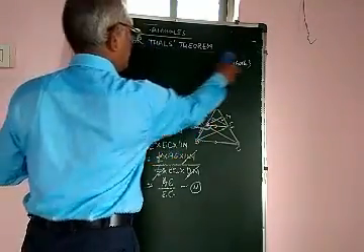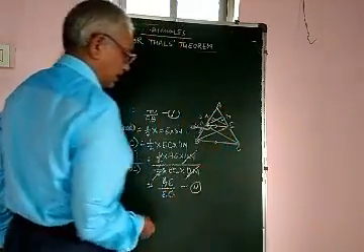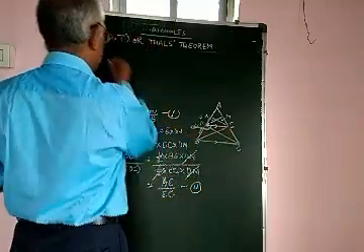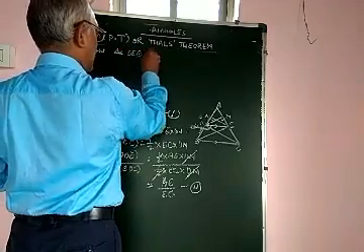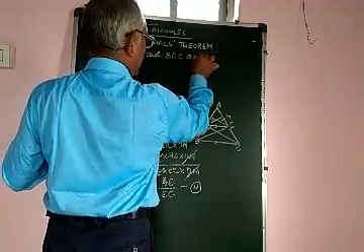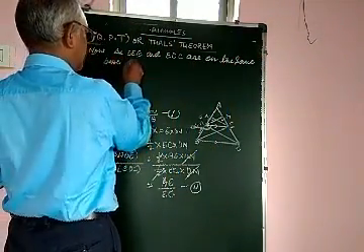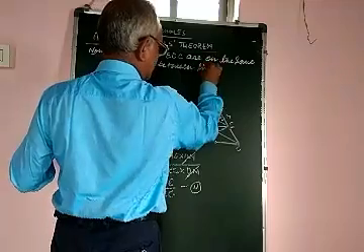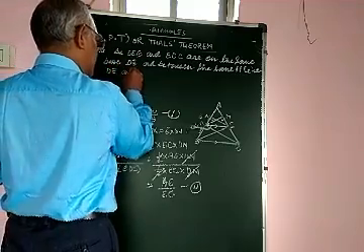Now triangles DEB and EDC are on the same base DE and between the same parallel lines DE and BC.